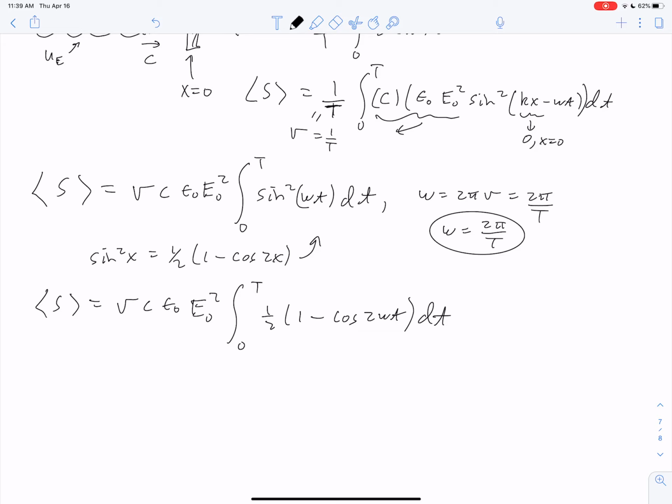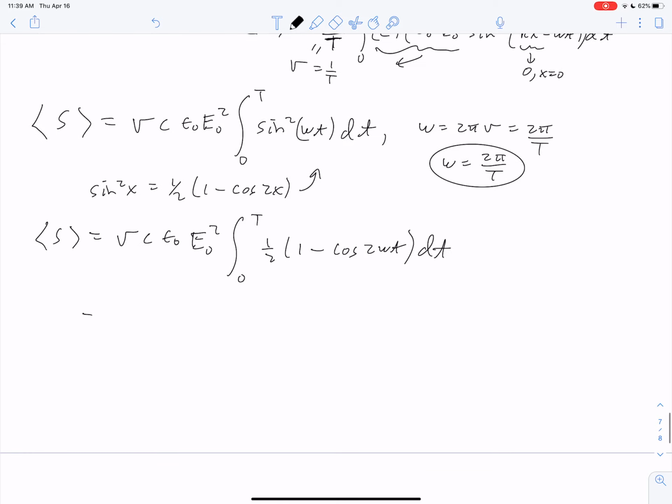That's an easy integral to do, and it's equal to nu c epsilon naught E naught squared times T over 2 minus 1 over 2 omega sine of 2 omega t, evaluated from 0 to T.